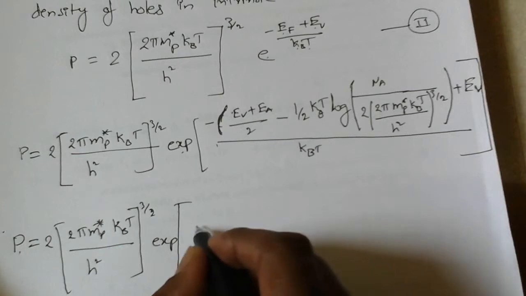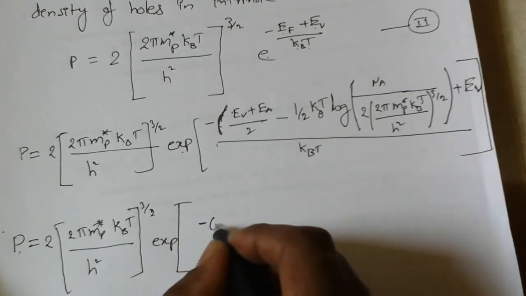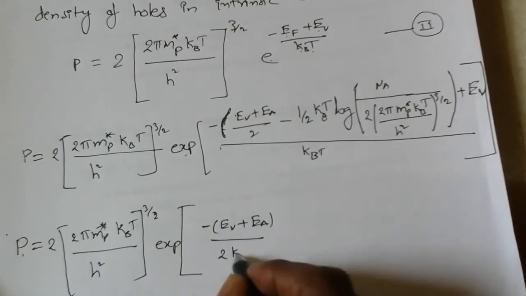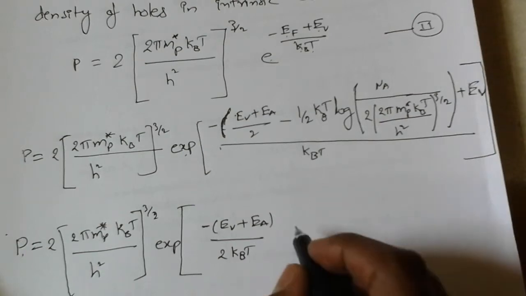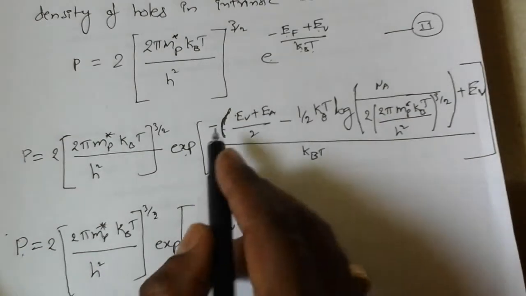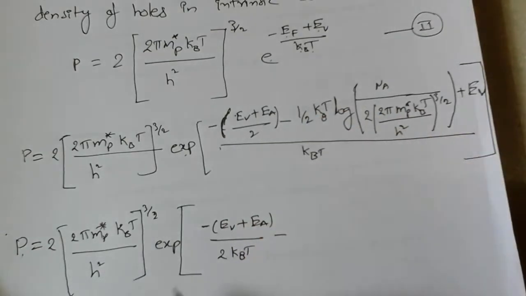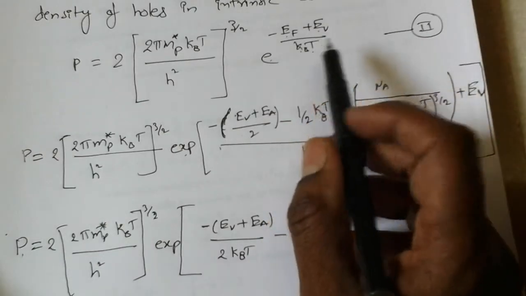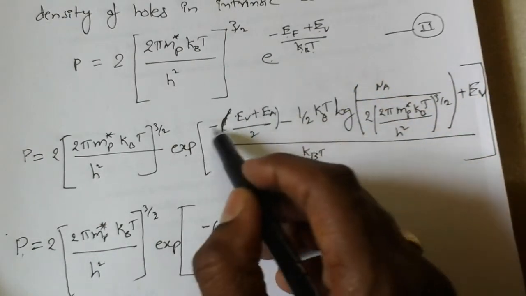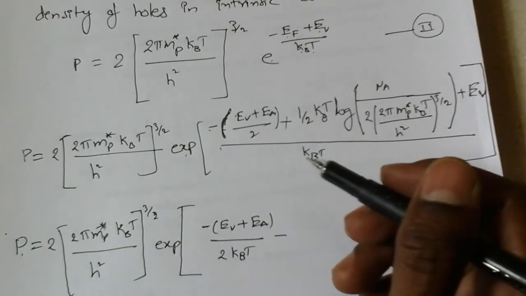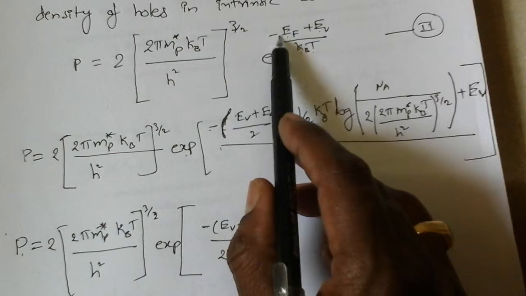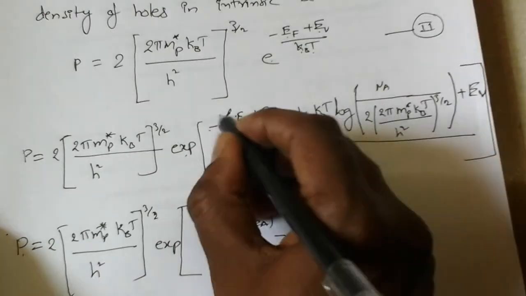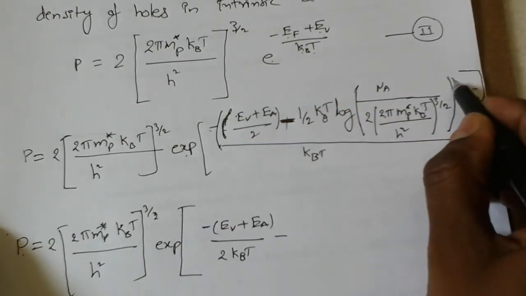So I can get here minus of (EV plus EA) by 2 kBT. This minus value, you take a bracket like this.